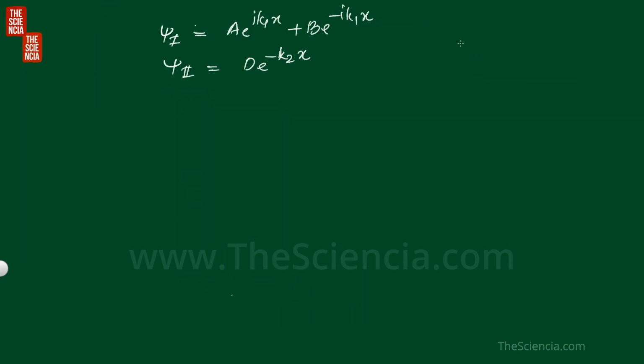And this is the wave function in region 1 and region 2 of a finite step potential. And since this is a finite potential, there will be continuity of the wave function between region 1 and region 2.